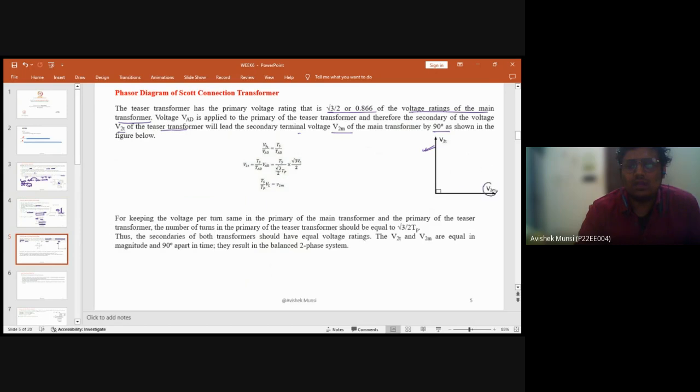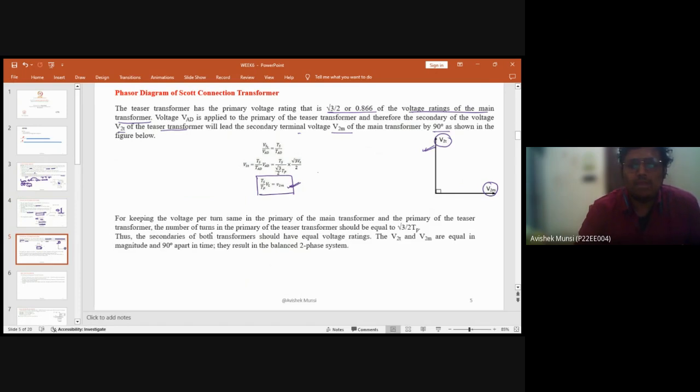This is the secondary of the main and the secondary of the teaser transformer. Okay. So we can give the turns ratio, the number of turns of the primary by the secondary, equal to the voltage ratio. This is more or less similar to the normal transformer.